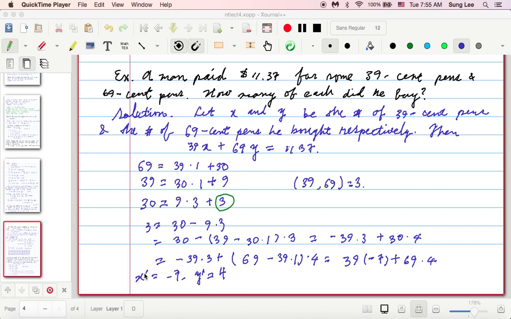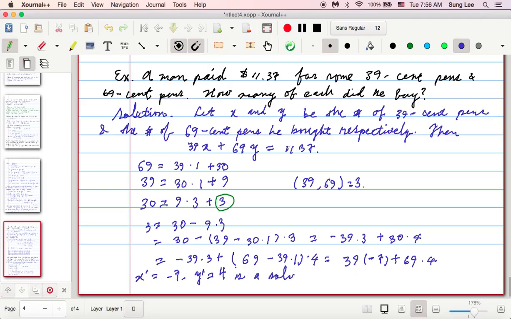From this we see that x prime equals -7 and y prime equals 4 is a solution of 39 x prime plus 69 y prime equals the greatest common divisor of 39 and 69, which is 3, right?